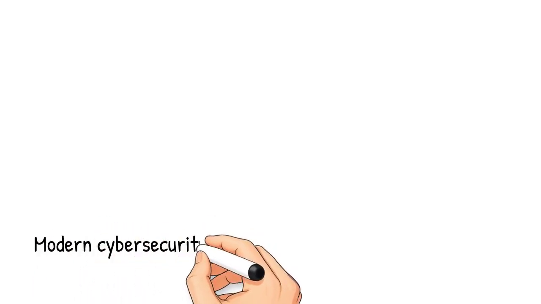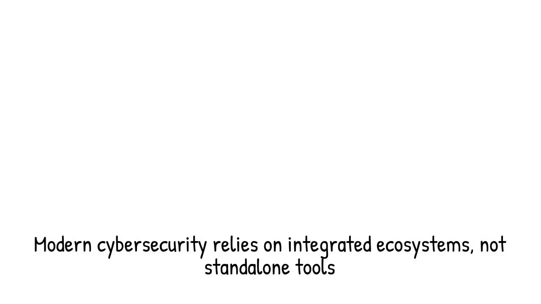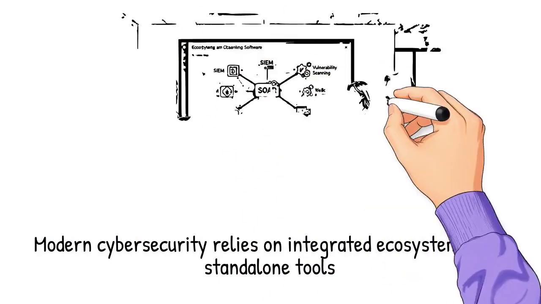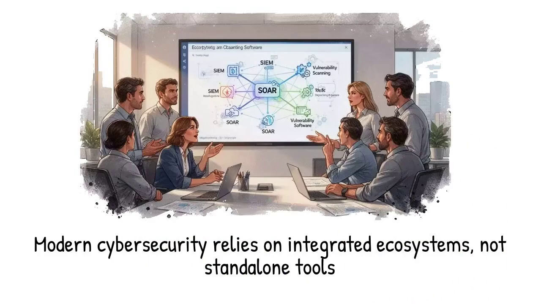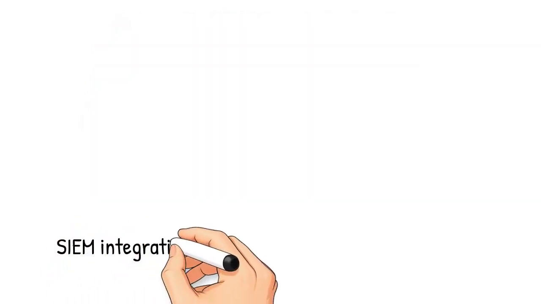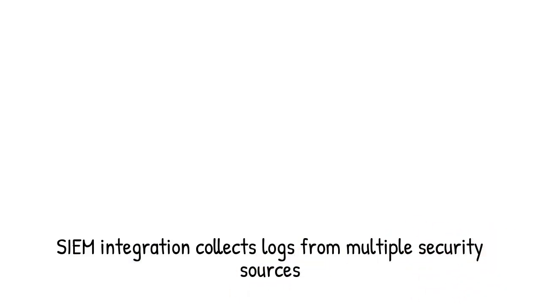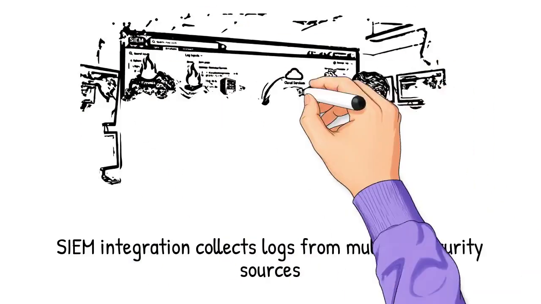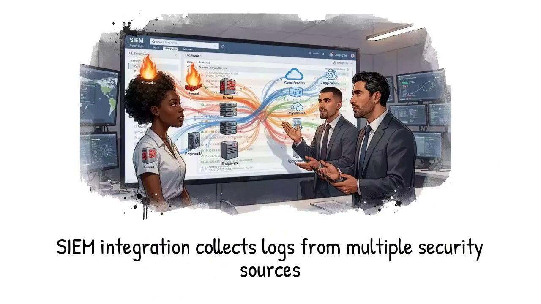Section 15. Integrating vulnerability scanning with SIEM and SOAR. Modern cybersecurity is not about isolated tools. It's about integrated ecosystems. Let's explore how vulnerability scanning fits into SIEM and SOAR. SIEM integration, security information and event management. A SIEM collects logs from firewalls, servers, applications, cloud services, endpoints, identity systems.